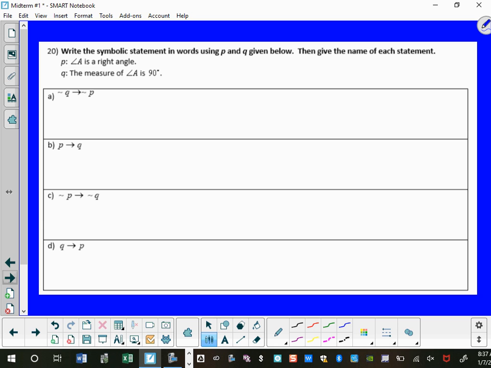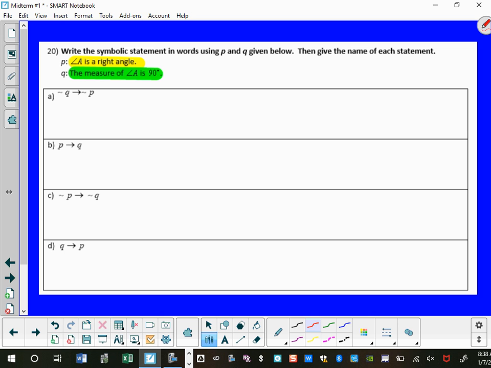Alright, so number 20 says, write the symbolic statement in words using P and Q given below. Then give the name of each statement. Alright, we're not giving the name of the statement, which is okay. But this is from Unit 2. P says angle A is a right angle. Q says the measure of angle A is 90.